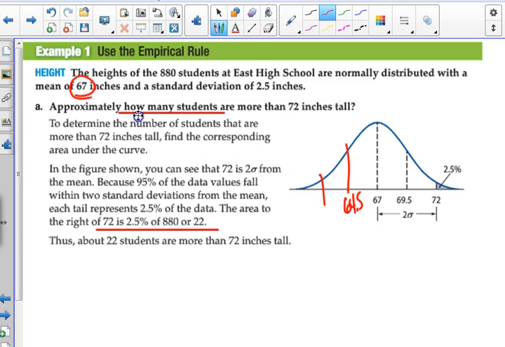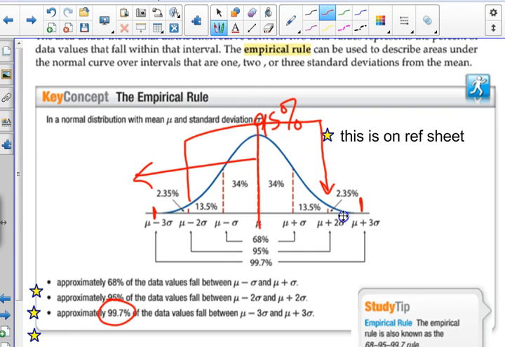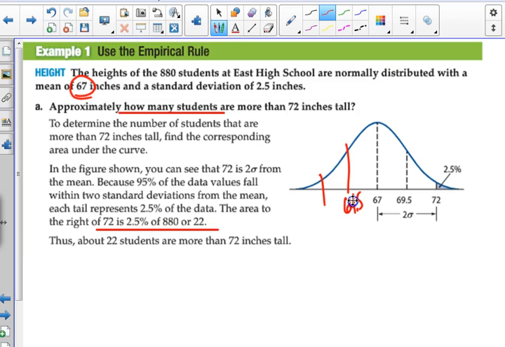Now it says, how many students are more than 72 inches tall? Well, when they added 2.5 and 2.5, that was 5 inches, so we're up to this percentile, which here shows that this is 34, this is 13.5. So this is 34, this whole half is 50%, and this was 13.5.